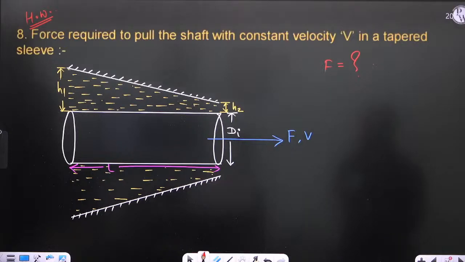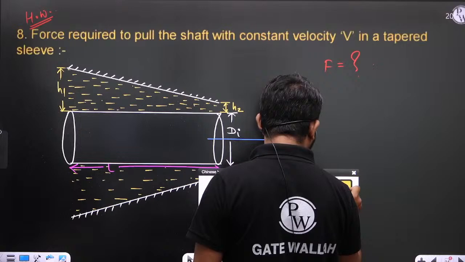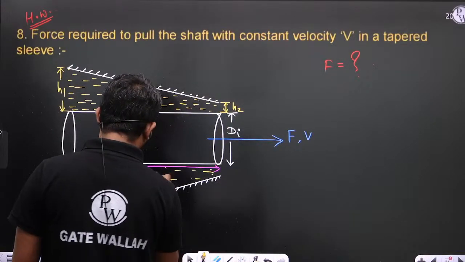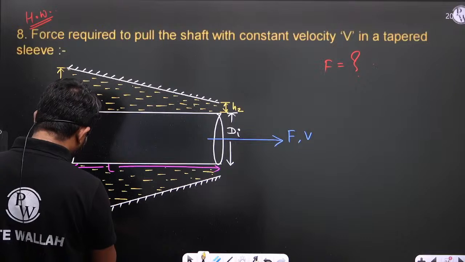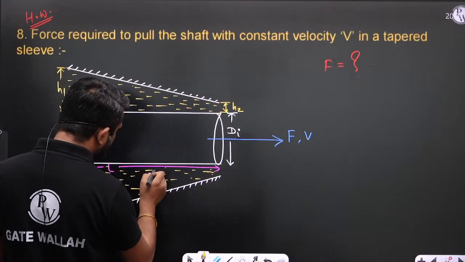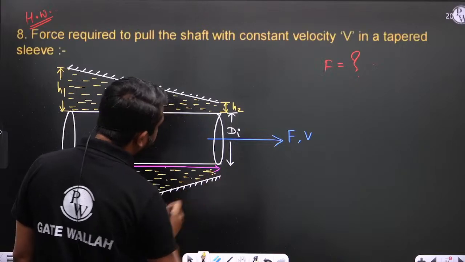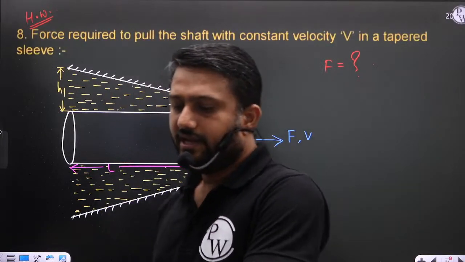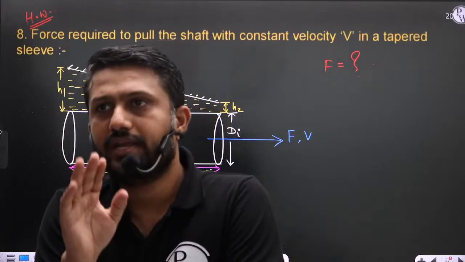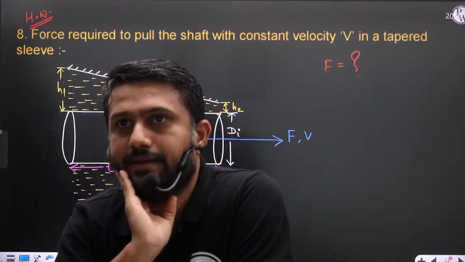So first try this question yourself. Try to get the answer of this question. If you're not able to solve this problem, don't worry. In tomorrow's class, we will discuss this particular problem.